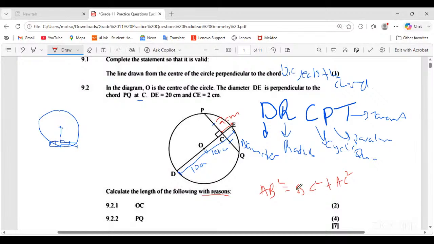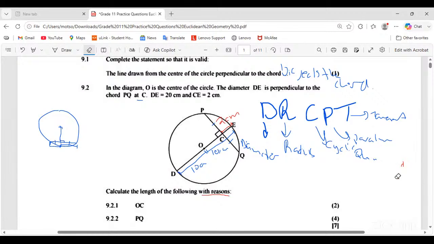You need to provide the mathematically valid reason. Why do you say this is equal to that? Then, for example, you say that because I used Pythagoras theorem. You get a mark for the statement. You also get the mark for the reasoning. I hope you guys get that. So that with reasons is very, very important because without reasons, you won't get full marks.